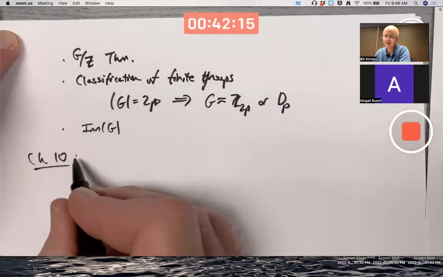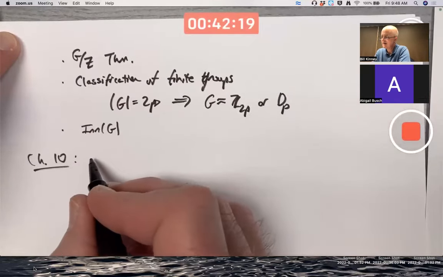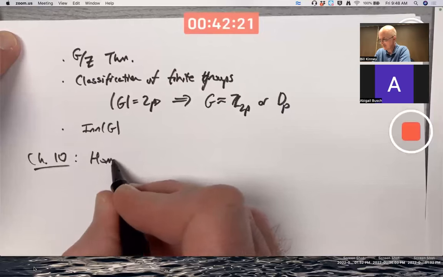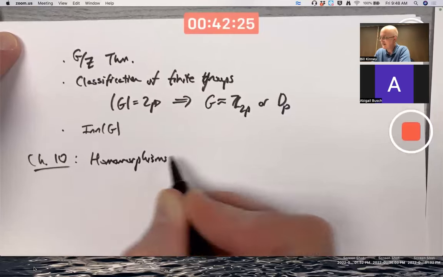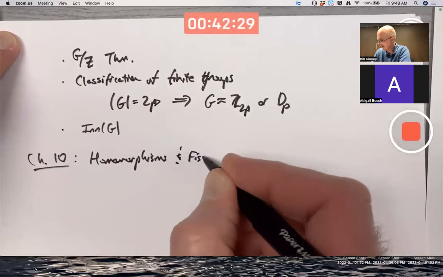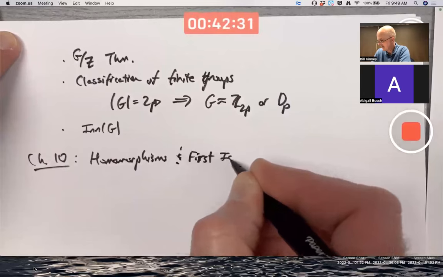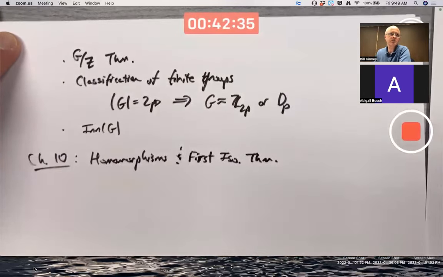Need to go faster here even. Chapter 10 was about homomorphisms. And the big theorem in that was actually called the first isomorphism theorem. Homomorphisms are operation preserving, but they're not necessarily one-to-one or onto.